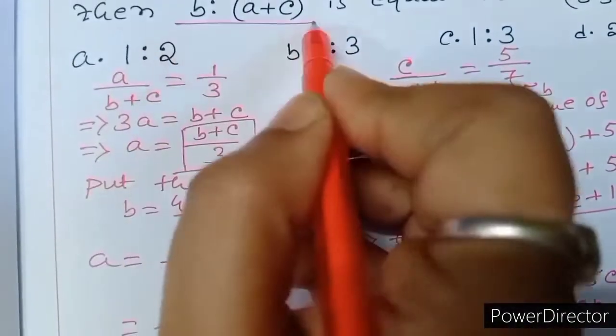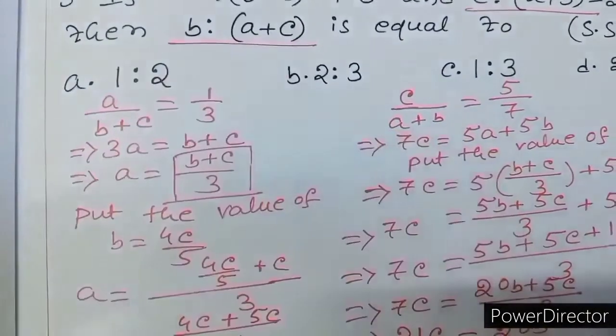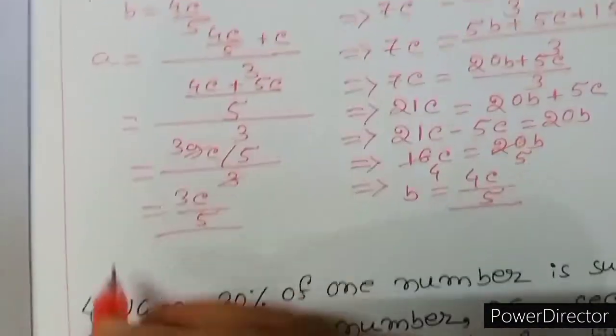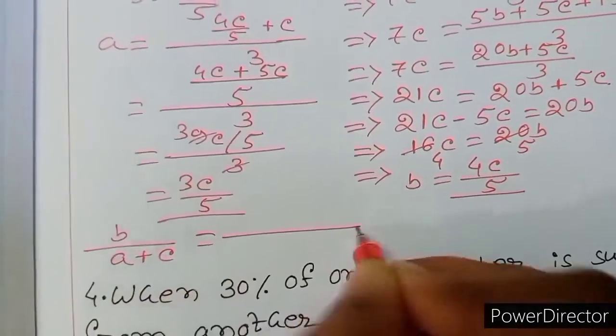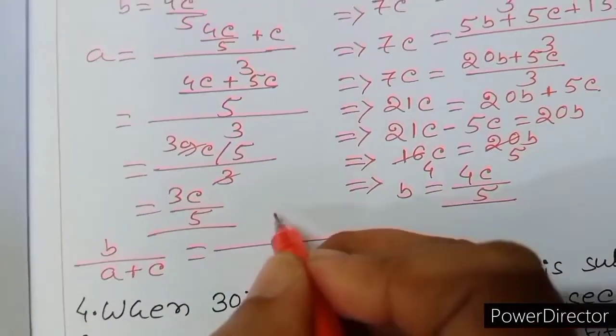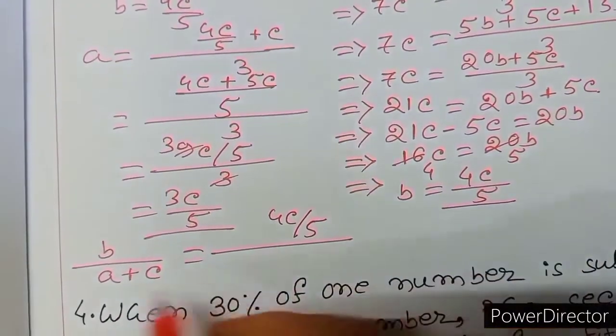Now we find the value of B is to A plus C, meaning B by A plus C. B means 4C by 5, so we write here 4C by 5.